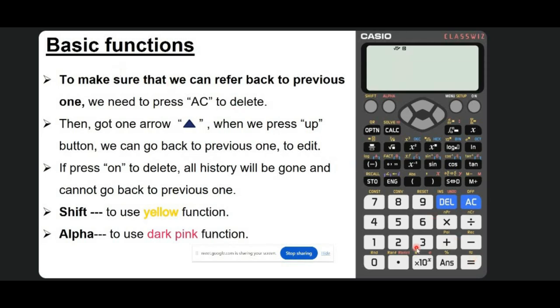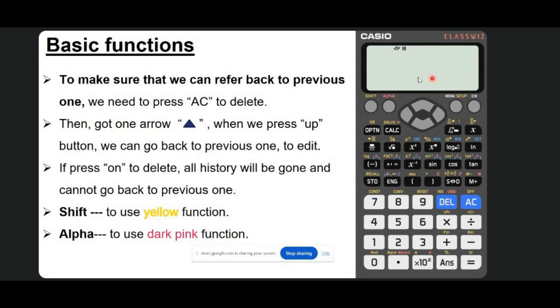After that, you press AC. When you press AC, you will delete what you typed just now, but you will see the arrow on the top of your calculator here. When you press this up button, you can go back to the previous one. Then you will see 3 plus 9 on your screen and the answer.